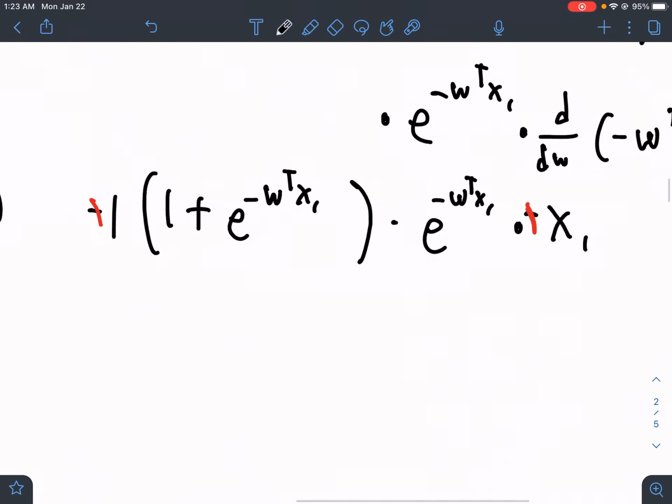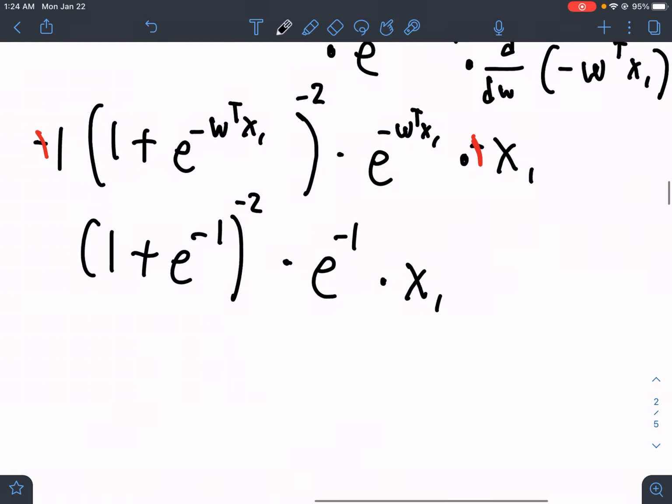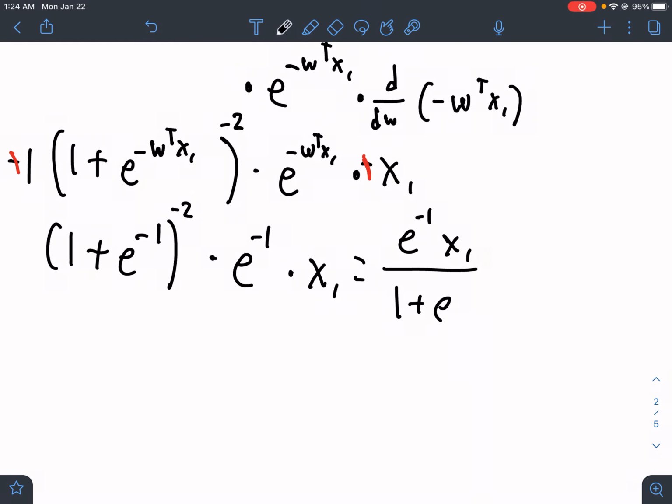So we can rewrite this: 1 plus e to the negative 1. Oh, I forgot a negative 2 here. So this is to the negative 2 times e to the negative 1 times x1. So if I put this out, we get e to the negative 1 x1 over 1 plus e to the negative 1 squared.